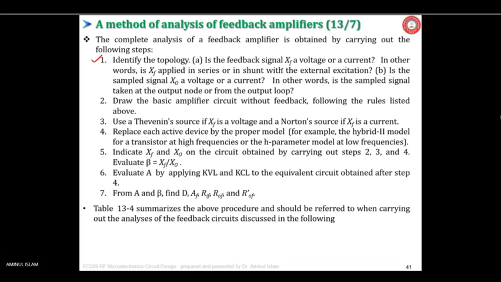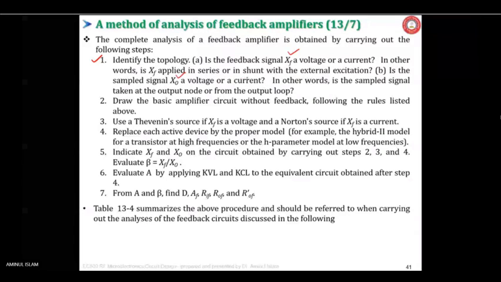Is the feedback signal Xf a voltage or current? In other words, is Xf applied in series or in shunt with the external excitation? Is the sampled signal Xo a voltage or current?